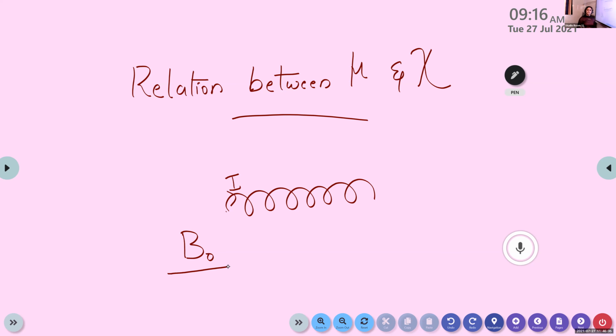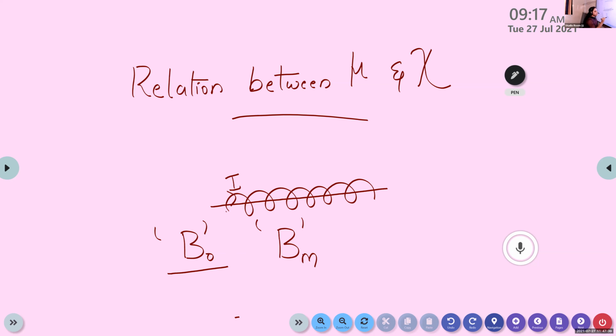Now I insert a magnetic material, like a soft iron core, inside this solenoid. Then it produces another magnetic field, given by Bm. So initially we consider a solenoid with no material inside it, in free space or vacuum. The magnetic field produced is taken as B0. In the second case, we insert a magnetic material, a soft iron core, inside the solenoid.